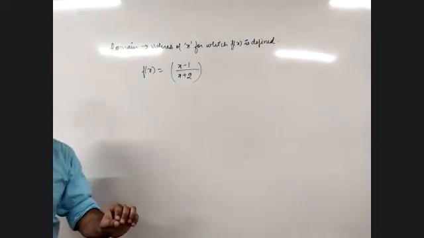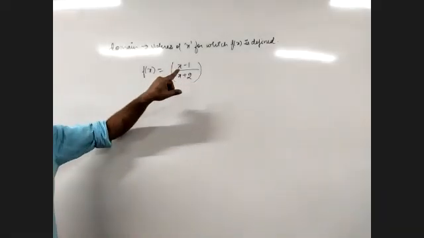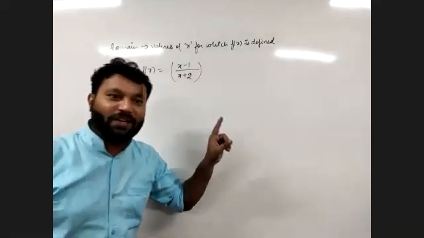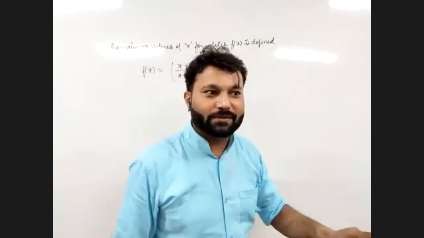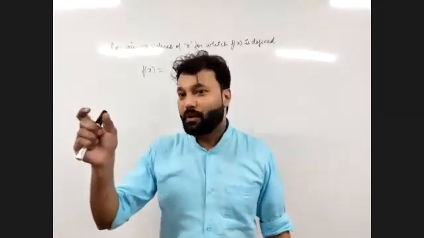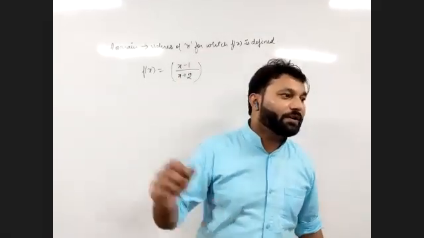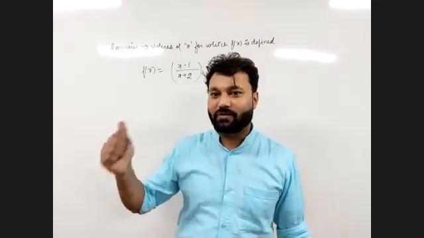So can we conclude that this function will exist for all the values of x except -2? So the domain of this function will be all real numbers except -2, because for no other value will this function take a not defined form.